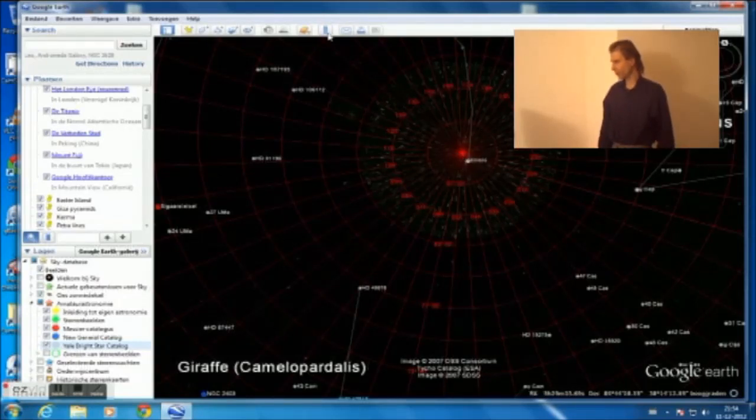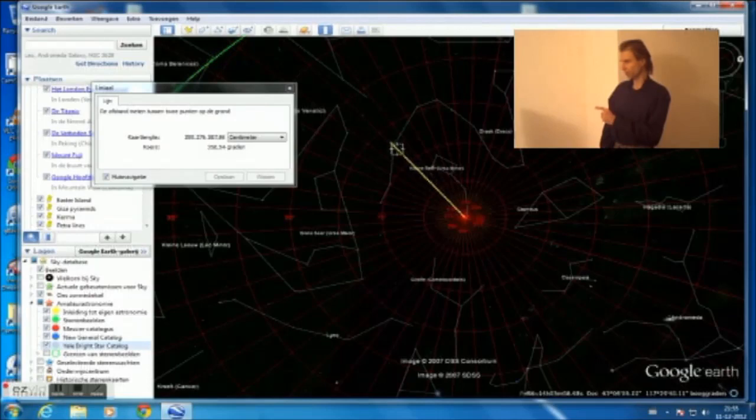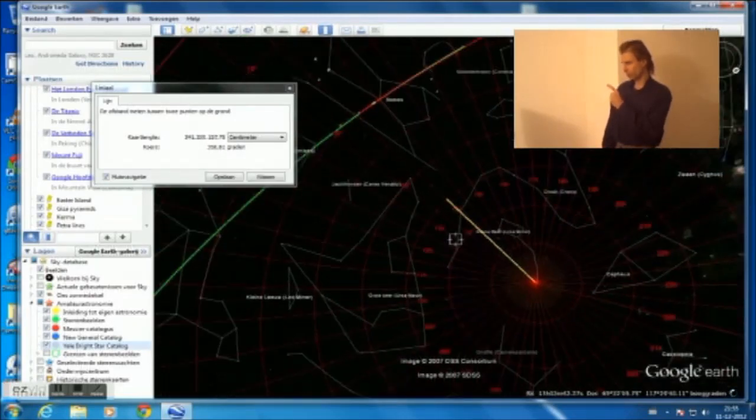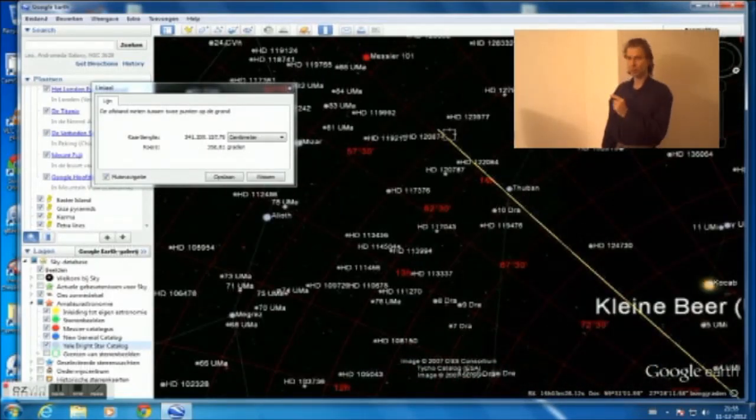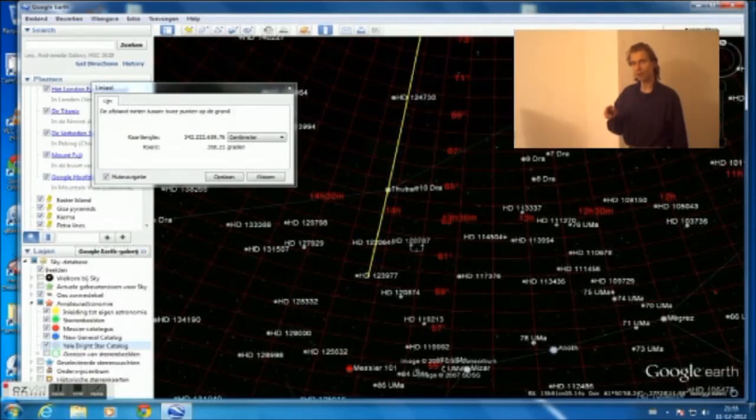When you put your measure tool on the polar star and you make your line exactly through the star Thuban. And what is there to tell about the star Thuban? You can check it out on Wikipedia.